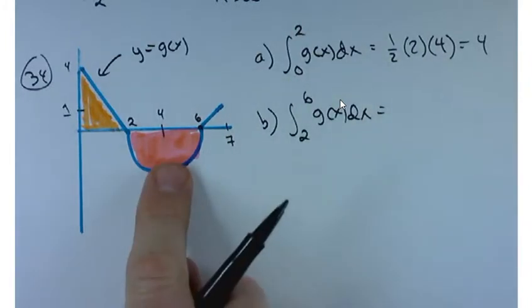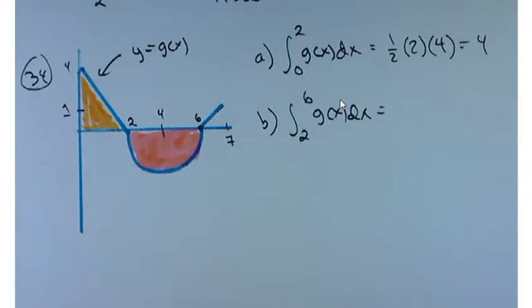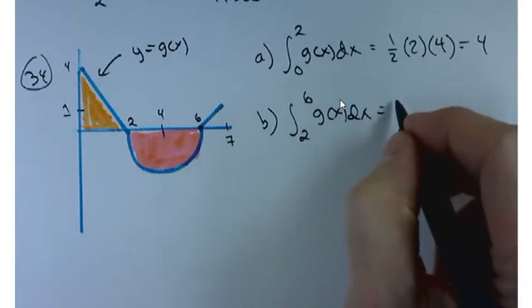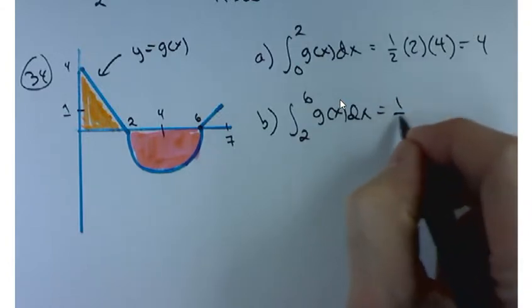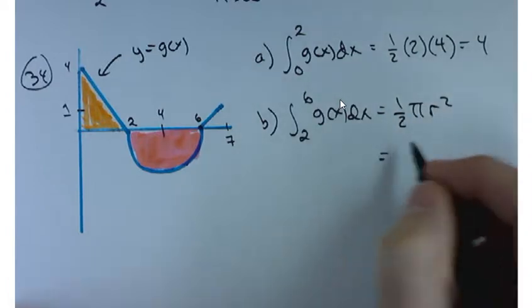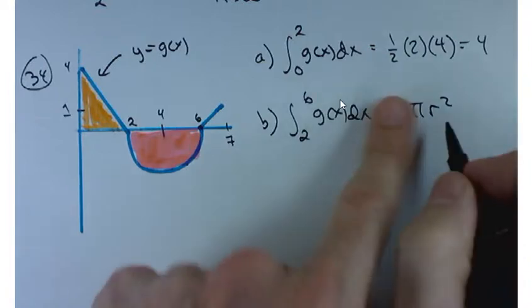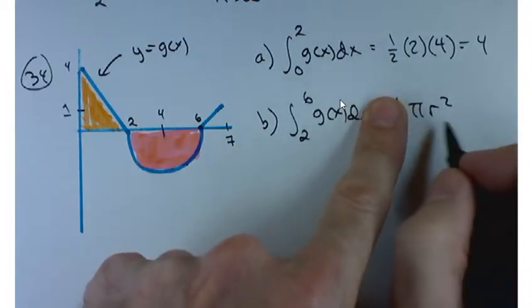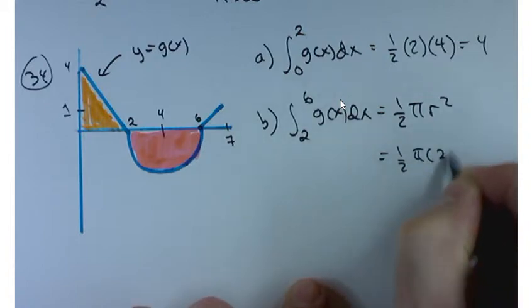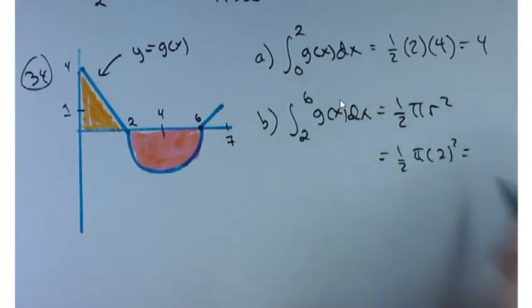Well, what kind of a figure is this? Semicircle. Good. Semicircle with a radius of 2. So it's going to be 1/2 of pi r squared, right? The normal area would be pi r squared. In this case, it's half of that. So 1/2 times pi times 2 squared is going to be 2 pi.